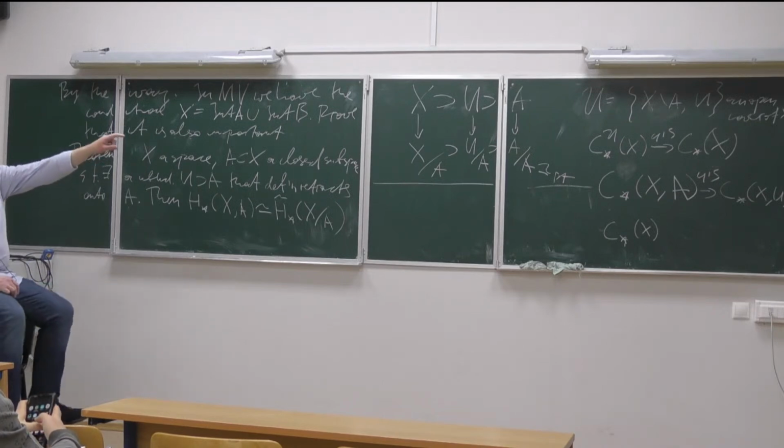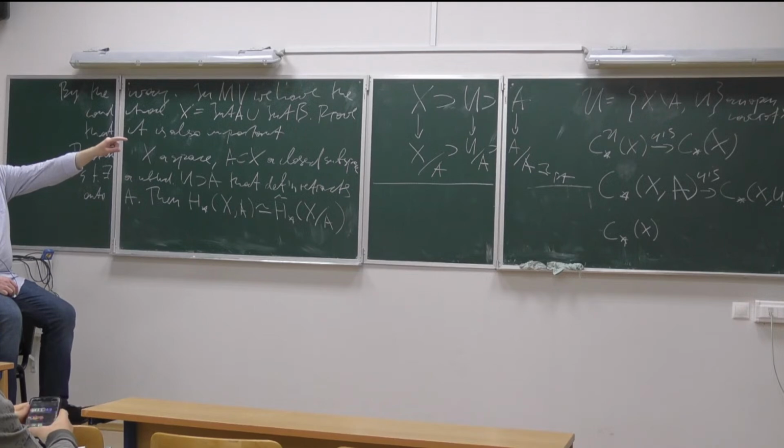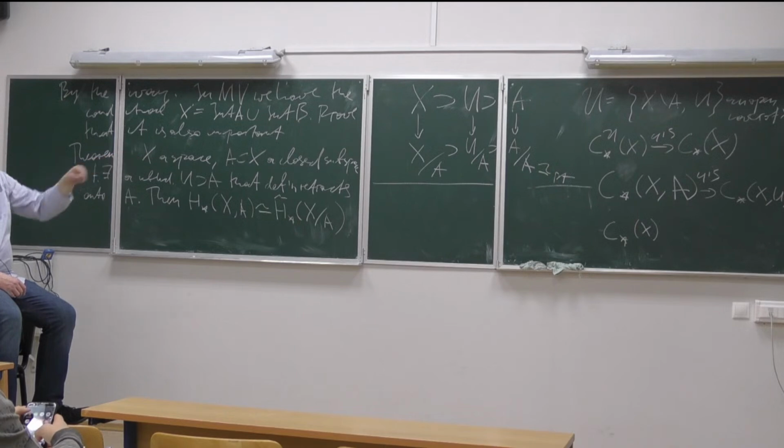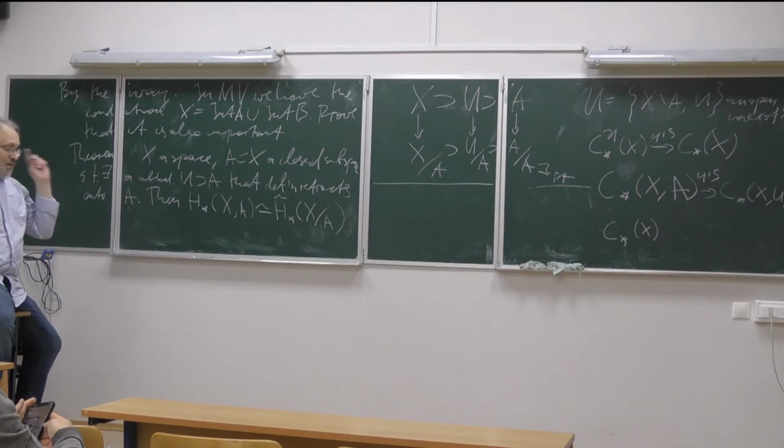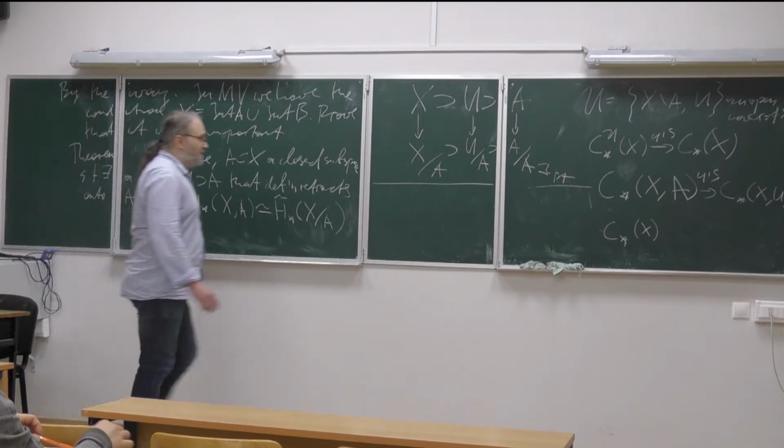Let's see. So we have X minus A and U, two open subsets, and they go to two open subsets of the quotient space X by A. Now, okay. Well, let's see if it works.